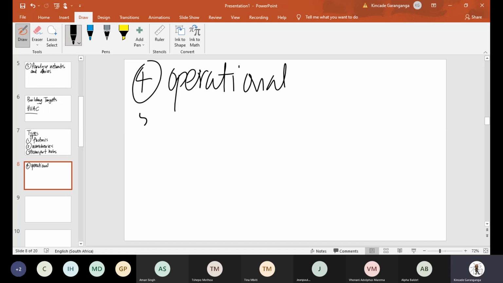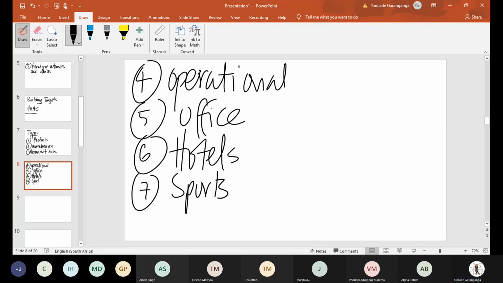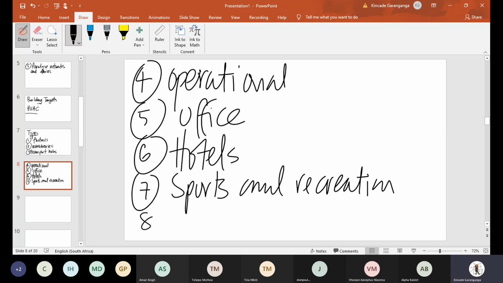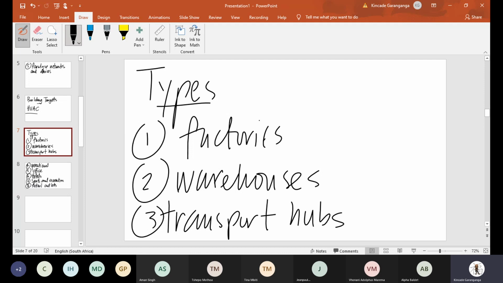Then you're looking at office buildings, typically. You can also discuss your hotels. You can also mention your sports and recreation. And then you can discuss your retail outlets. So these are the different types of buildings that you're looking at as far as setups go.